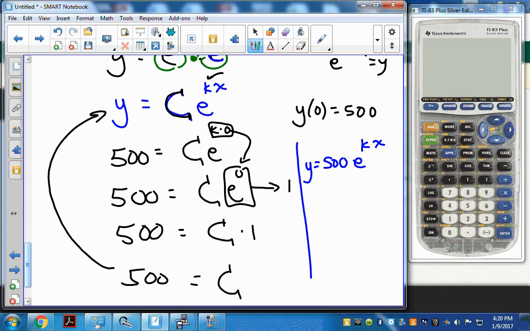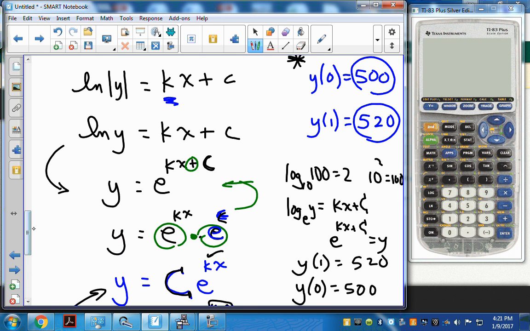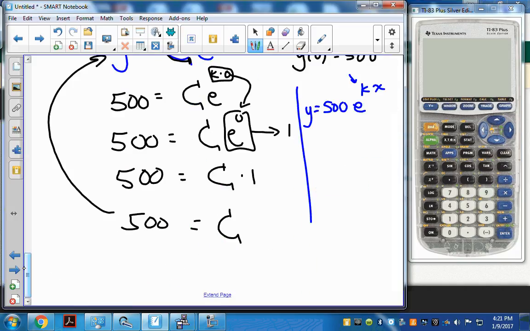Well, we still have an unknown constant, but luckily we have another data point. Remember, the second data point we had was y of 1 was 520, and I had just sort of made that up, let's suppose that's the case. Here, y is 520. That piece of data will now allow us to figure out the constant k. Let's see how that works.